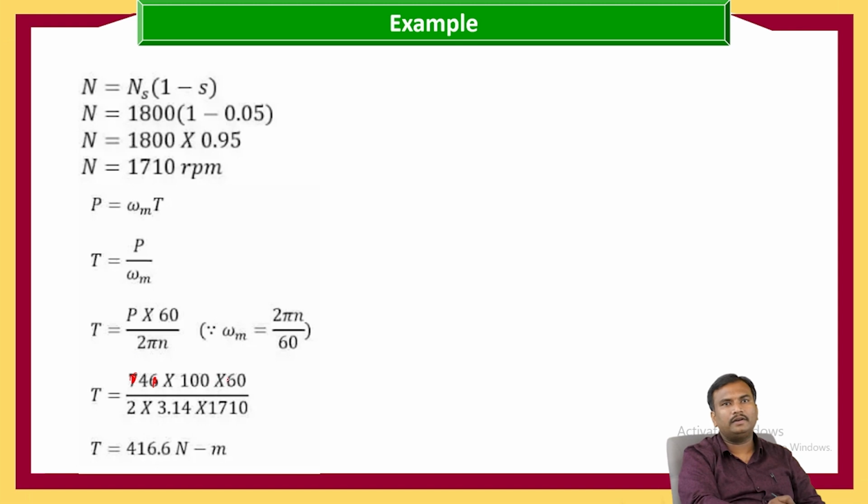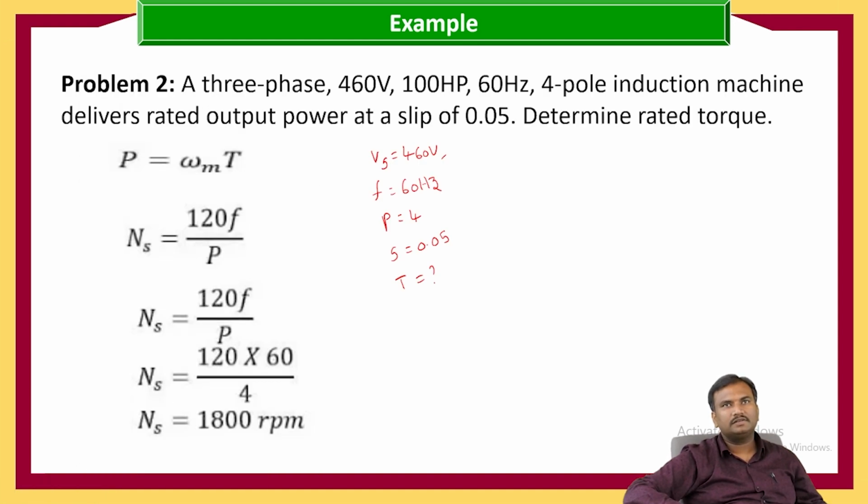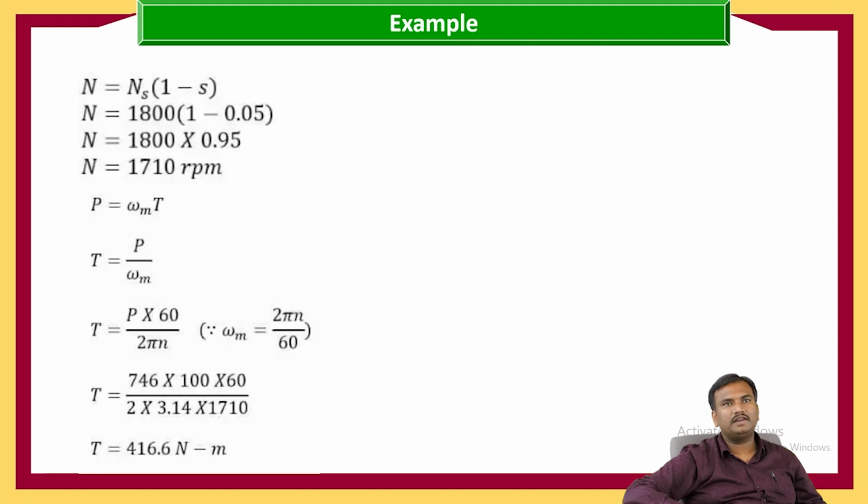For 100 HP, it is multiplied by 746 watts. So 100 into 746 watts into 60 by 2 into 3.14 into 1710, which is equal to 416.6 Newton meters.